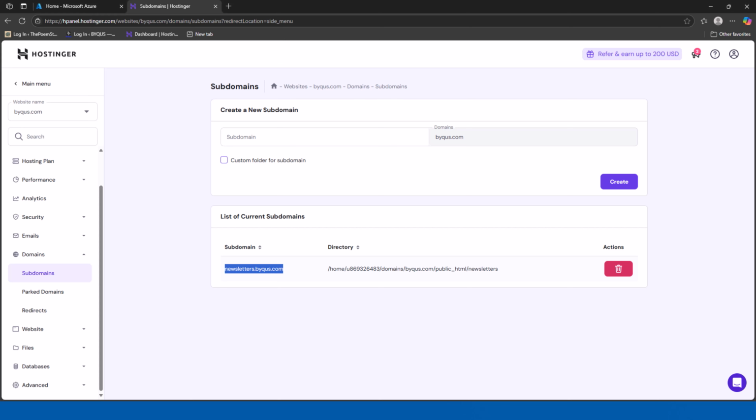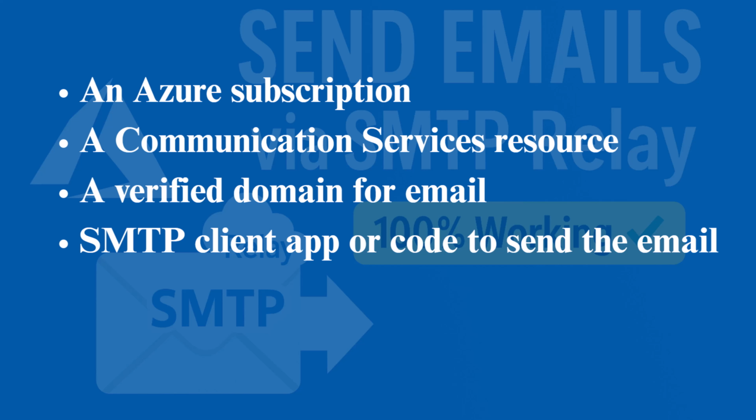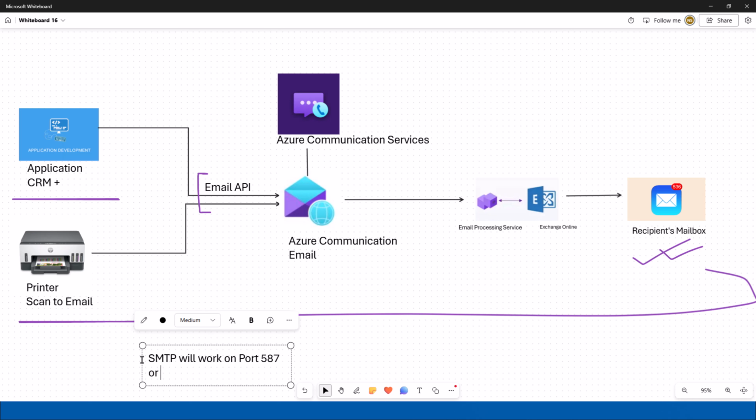All right, and let us see more on the SMTP client or application. One other point that I think I missed here, I'll write it here, is that SMTP will work on port 587 or port 25.